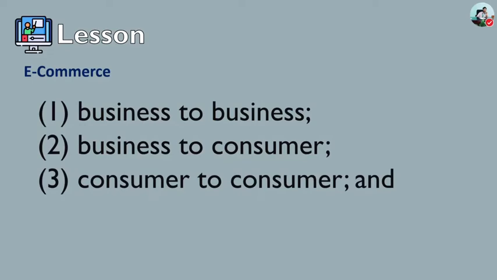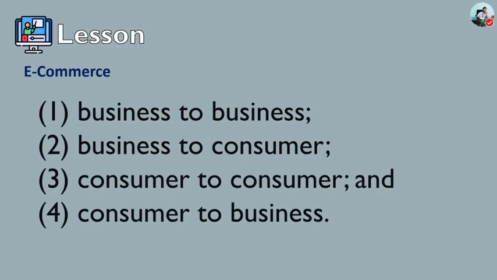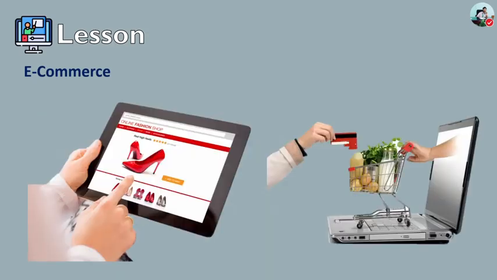The third one is consumer to consumer. There's also a transaction or exchange of information from consumer to other consumer. And lastly, consumer to business. So these four are the major or basic market segments in e-commerce. So let's proceed.